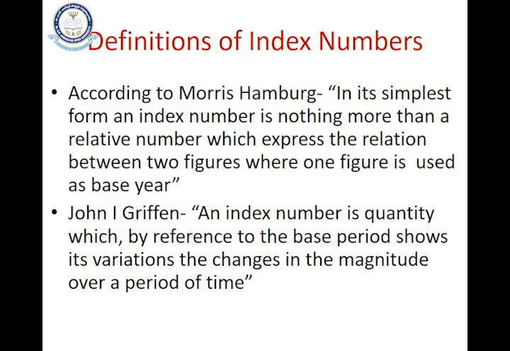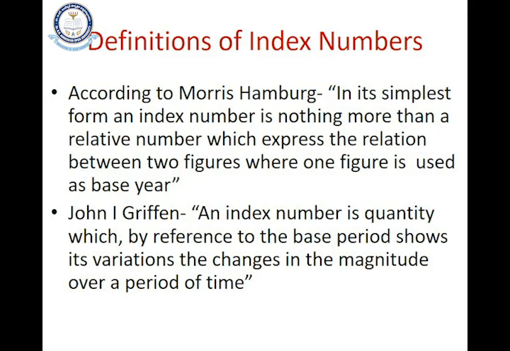Now coming to the definition of index numbers. Index numbers are defined by many authors in different ways. According to Morris Hamburg, in the simplest way, an index number is nothing more than a relative number which expresses the relation between two figures, where one figure is taken as the base year.